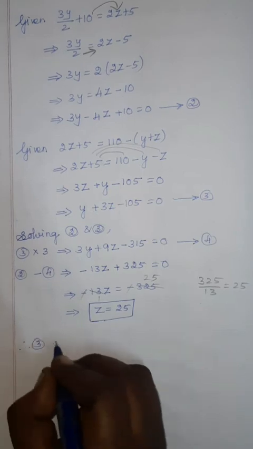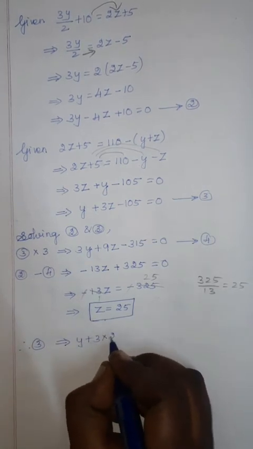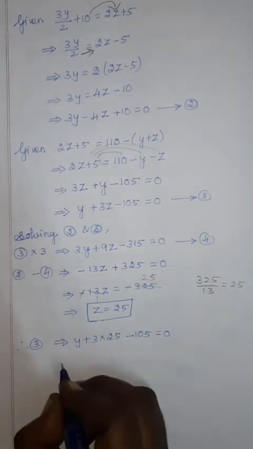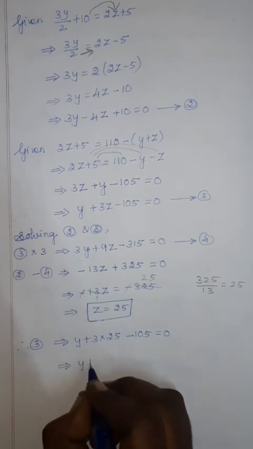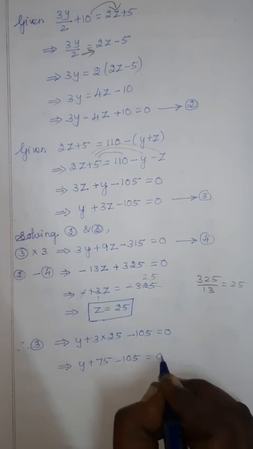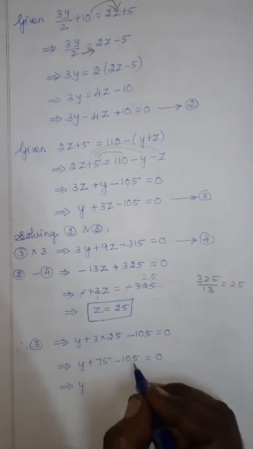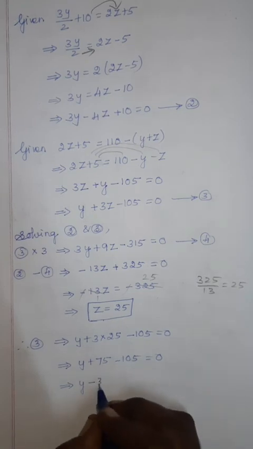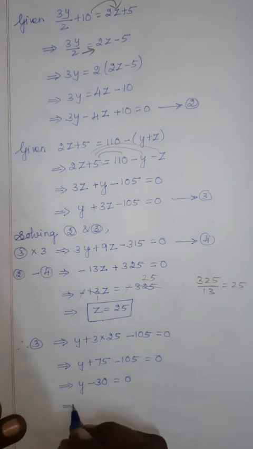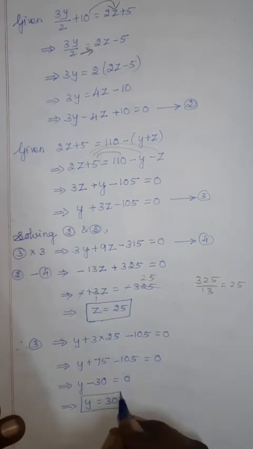Therefore equation 3 implies y plus 3 into 25 minus 105 equal to 0, which implies y plus 75 minus 105 equal to 0, which implies y, 75 minus 105 means minus 30, equal to 0. So what is the y value? Which implies y is equal to 30.